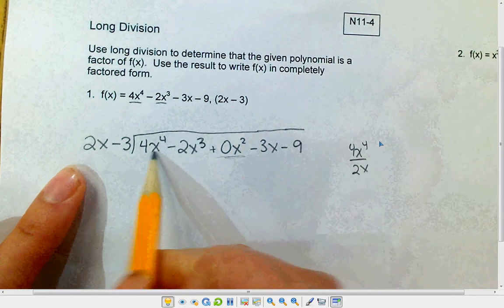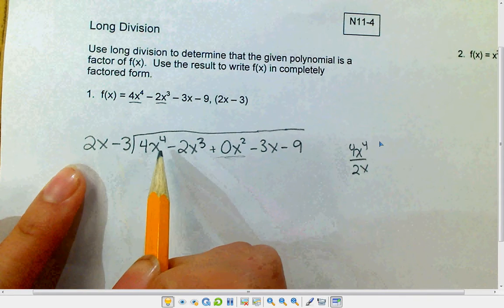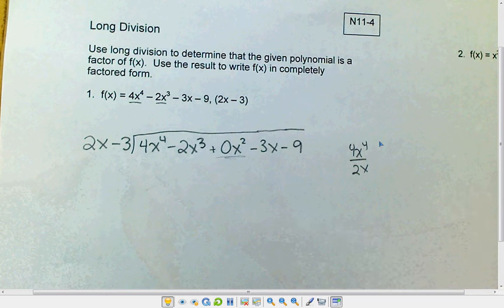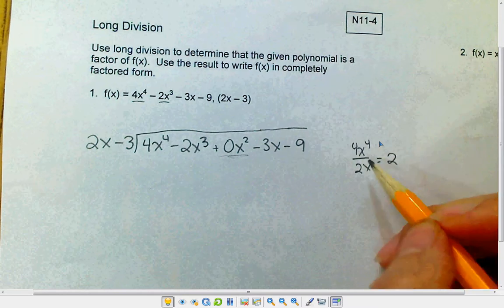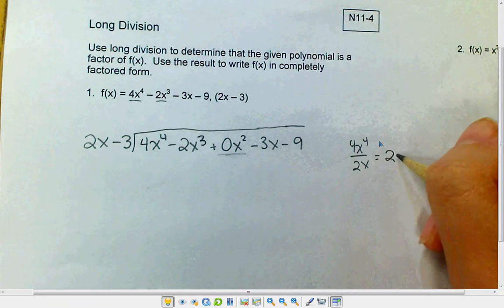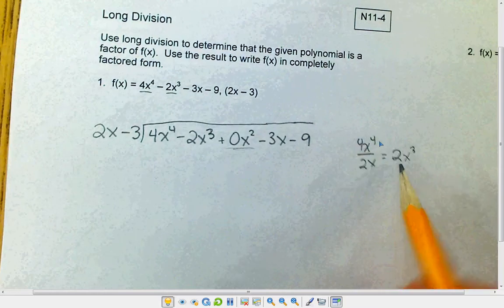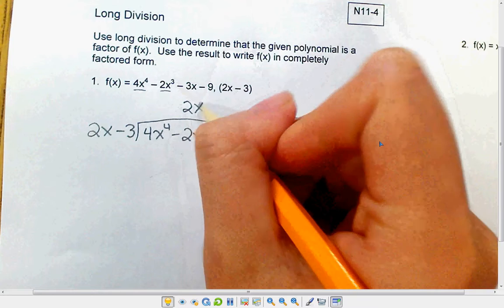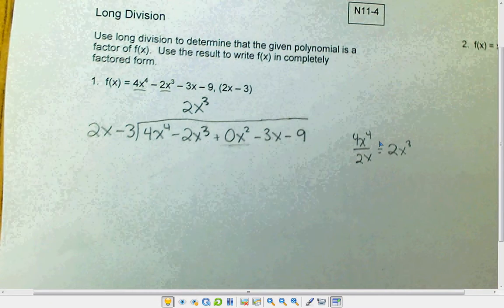So 4x to the fourth divided by 2x: 4 divided by 2 gives me 2, and x to the fourth divided by x gives me x to the third. So my first term in my answer is going to be 2x to the third. I'm going to put that on top of my x to the third so they line up.